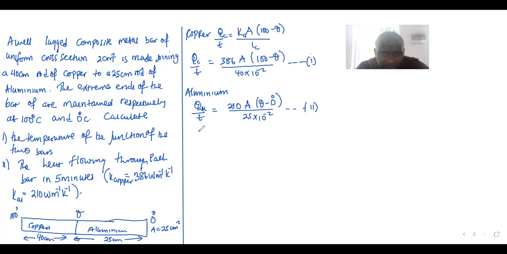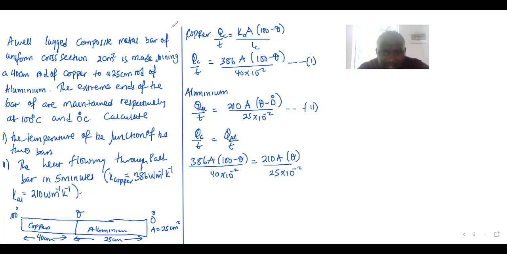Therefore, the heat flowing through copper per second is equal to the heat flowing through aluminium per second. So with this, we shall have 386 A into 100 minus theta divided by 40 times 10 power negative 2 is equal to 210 times A into theta divided by 25 times 10 power negative 2.